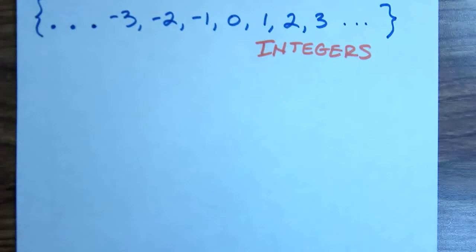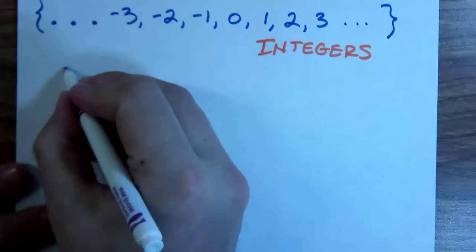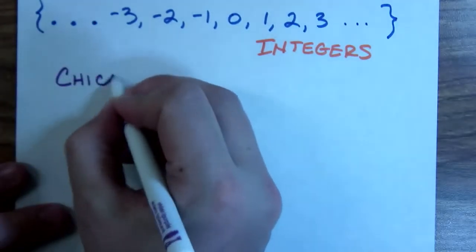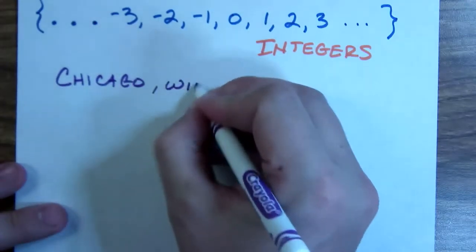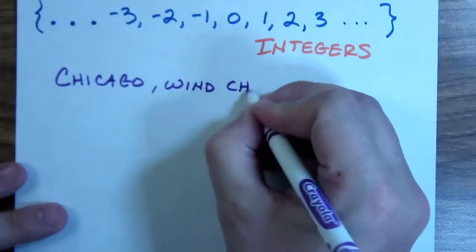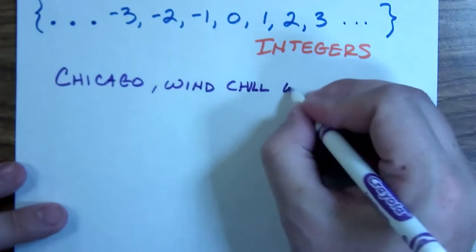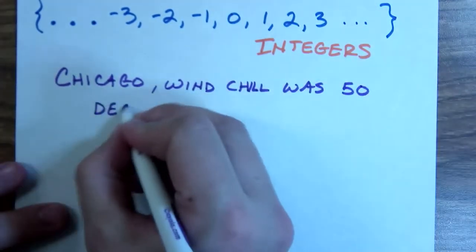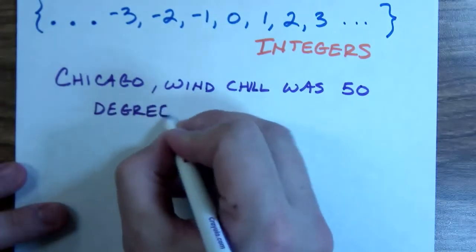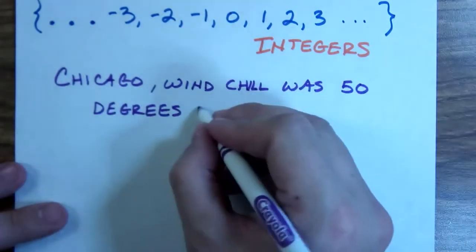Well, most recently they've been good for the weather. I don't know if you guys know, it's been kind of cold recently. I was watching the weather report and they said that in the city of Chicago, with the wind chill, it was 50 degrees below zero.